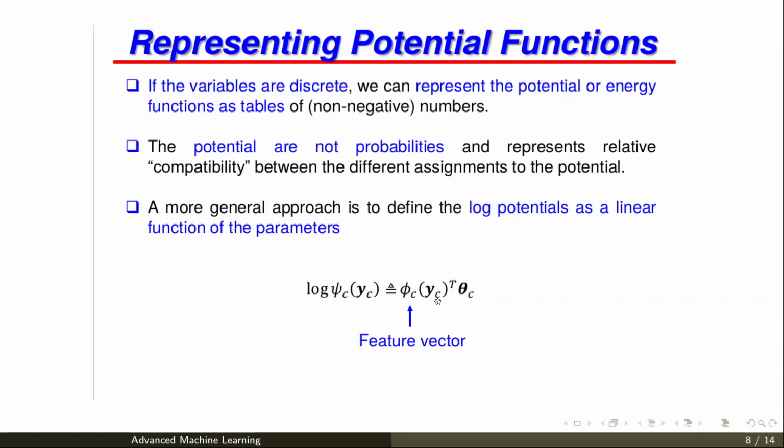So we have a feature set yc. These are the variables in the clique. So with the dot product with a set of parameters. So this is the feature function phi c, then the variables yc, then theta c is the parameters. So this is a linear model, log linear model.